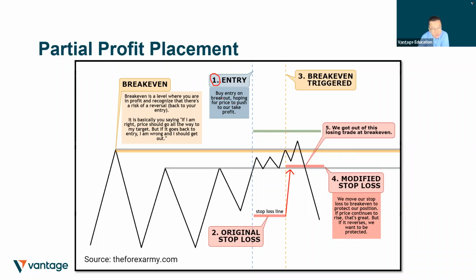You buy entry on a breakout, hoping for price to push to our take profit. At that point, you're looking to buy because you got a bit of a resistance level here. You're looking for this to break up towards the upside for it to push higher.